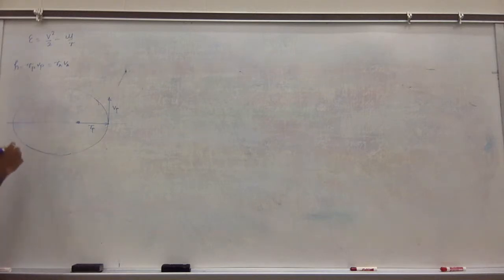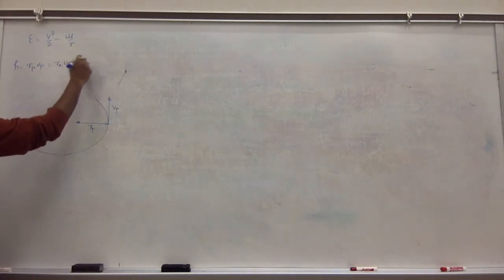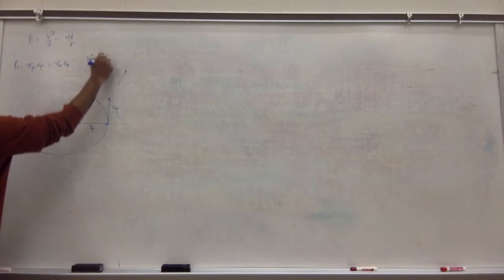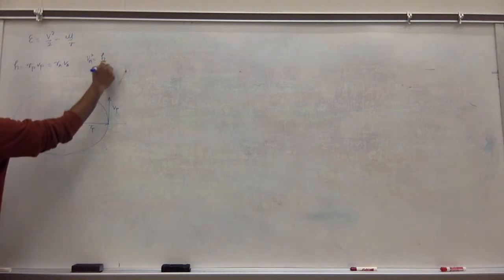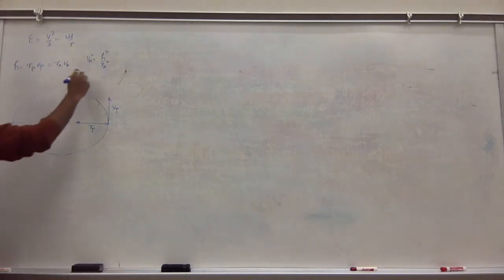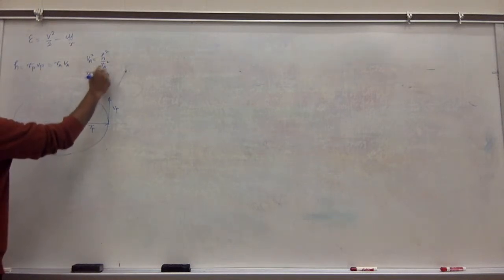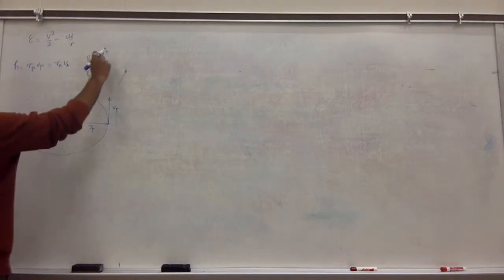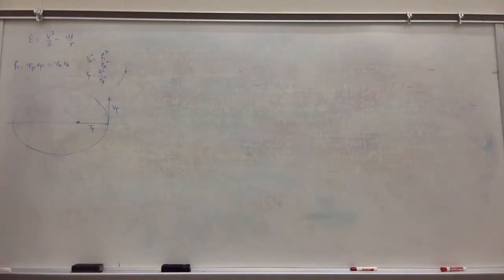If you substitute, from this you can say V square or VA square is equal to H square over R square. Or you can use this, or VP equal to H square over RT square.